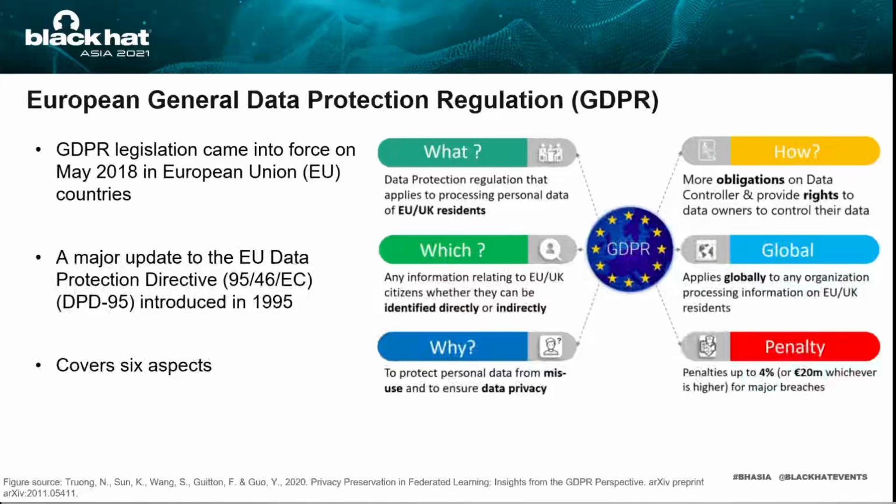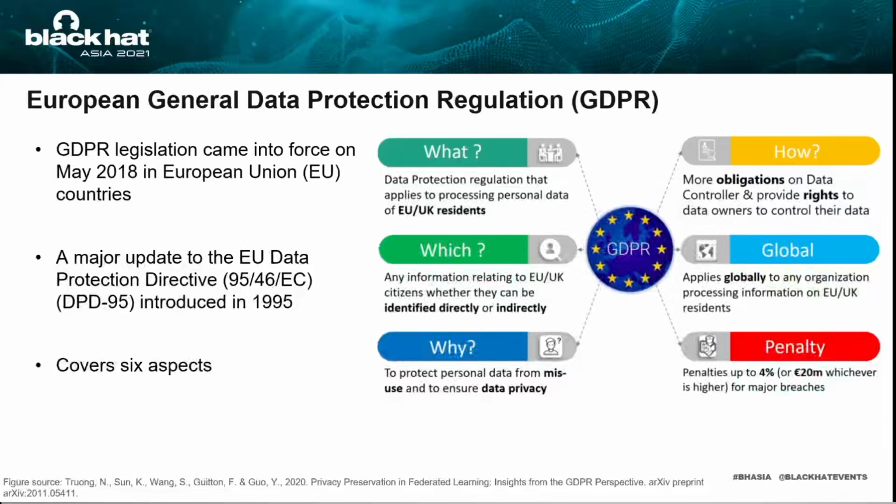The first aspect, GDPR imposes more strict obligations on data controllers. And the second aspect is GDPR tries to give back the rights and control to the data owners to handle their own data. So in the next slide, I'll give you more detail.